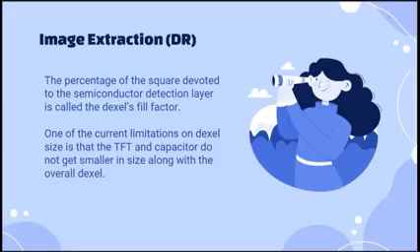Lesser na ang fill factor, and because of that, you are going to increase the radiographic technique in order to attain acceptable spatial resolution and contrast resolution. Again, it will necessitate us to increase radiographic technique, which will in turn increase patient dose. And this is bad for the patient, of course.